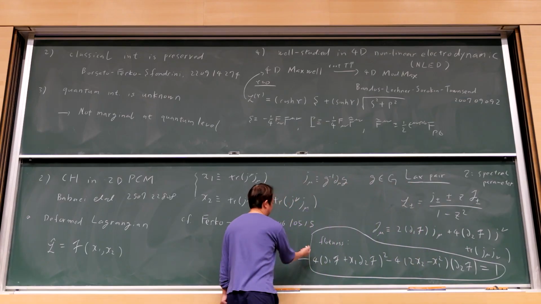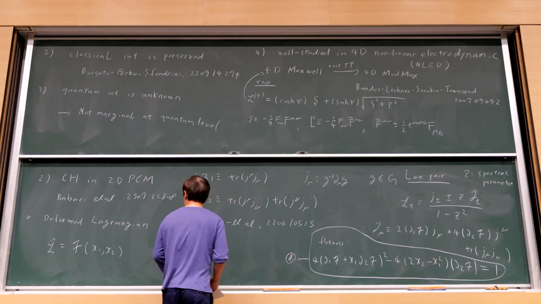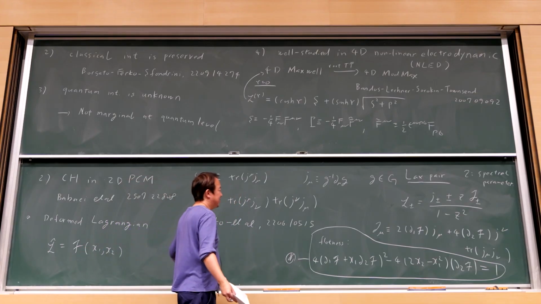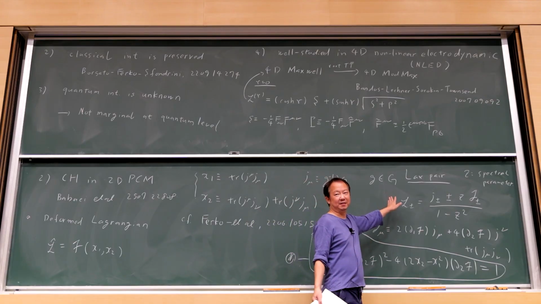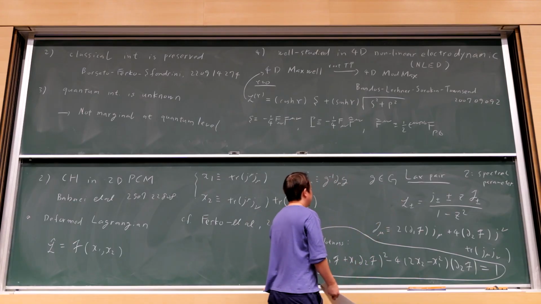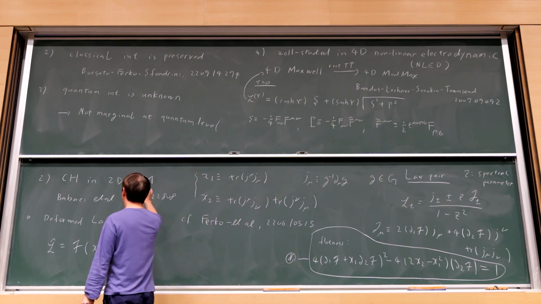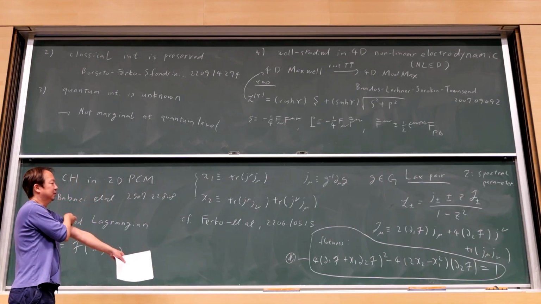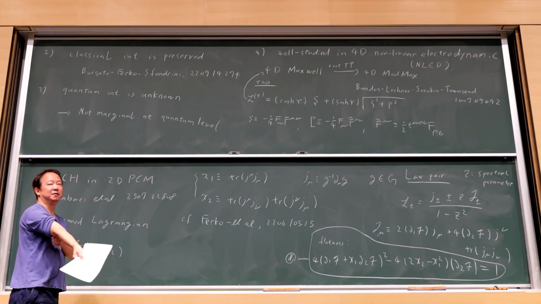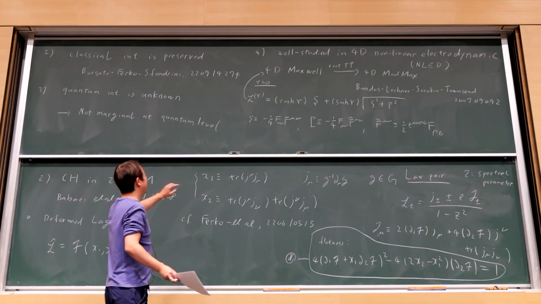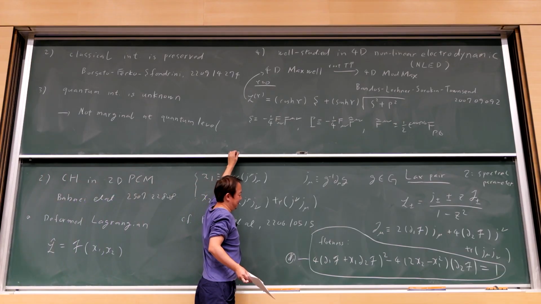By solving them, we can get deformed Lagrangians and the associated Lax pair. This is the scenario based on the Courant-Hilbert construction in the principal chiral model. So what is Courant-Hilbert? That is the remainder of my talk.